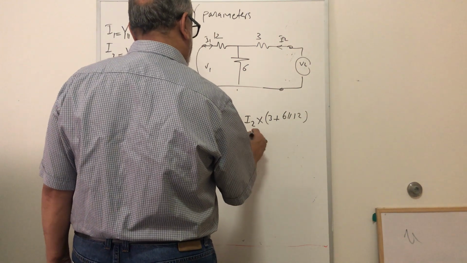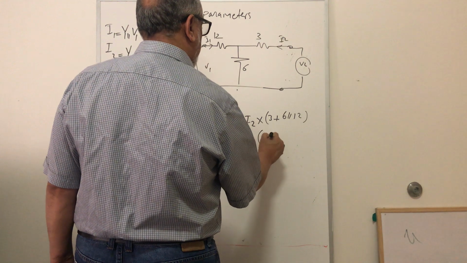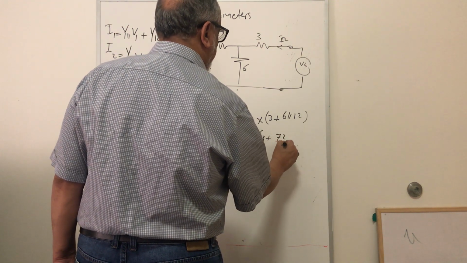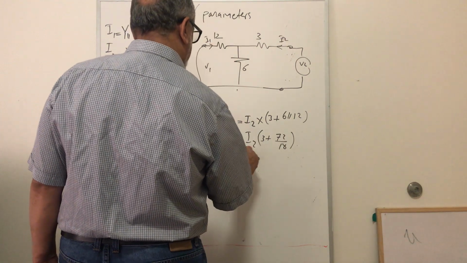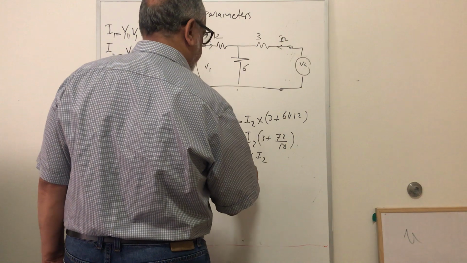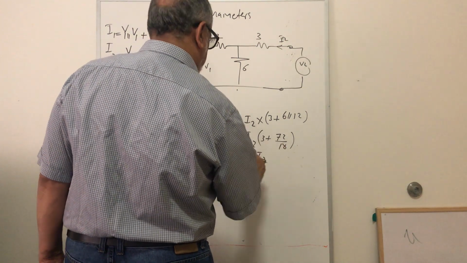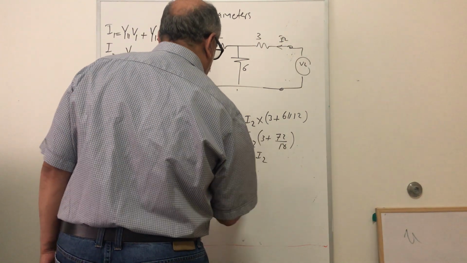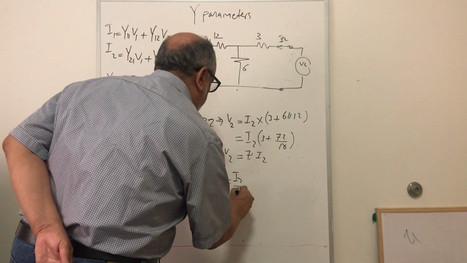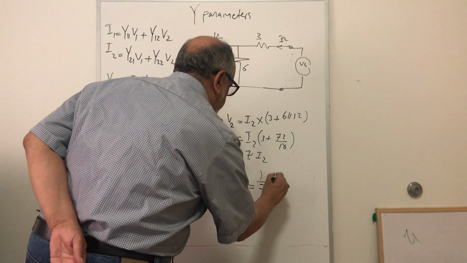So this will be I2 into 3 plus 72 over 18. That will give me 4 I2. That is V2, right? 72 over 7. So Z22 will be I2 over V2 equal to 1 over 7 siemens.